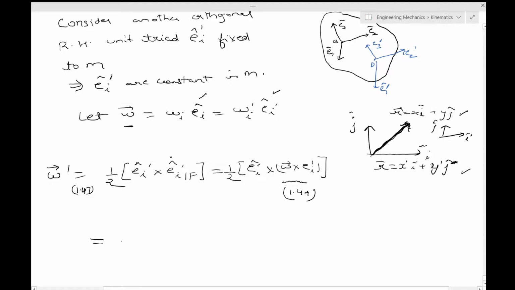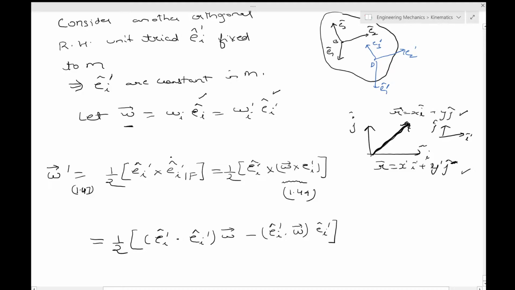Now I'll write this as half into ei dash dot ei dash omega minus ei dash dot ei dash omega minus ei dash dot omega ei dash.